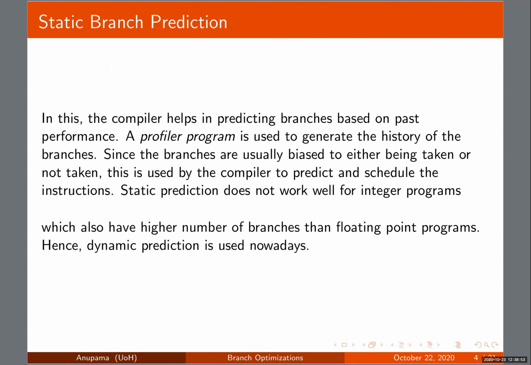Okay. Now, this I didn't talk about in the last class. Initially, long ago, when they tried to reduce the stalls by prediction of branches, one of the things they did was use what is called static branch prediction, where the compiler predicts whether the branch will be taken or not based on the previous executions.